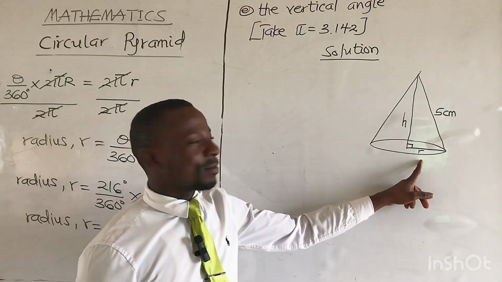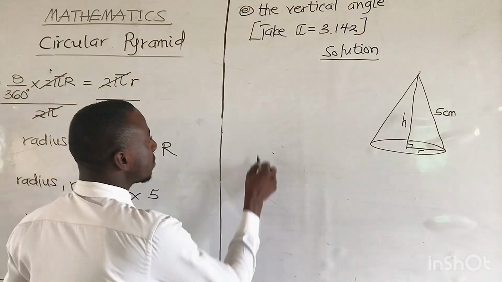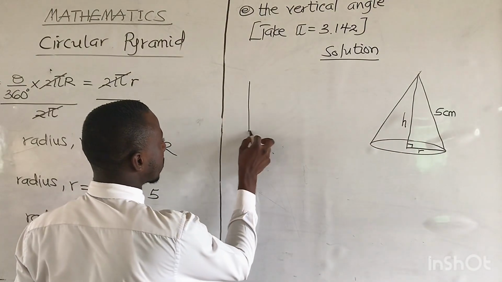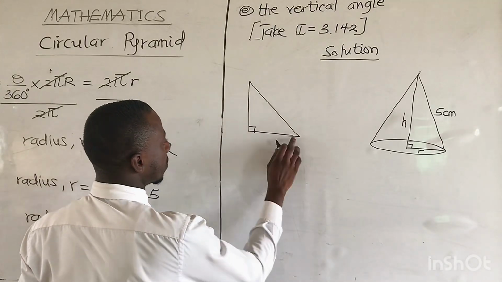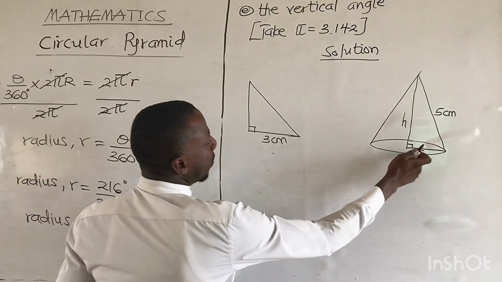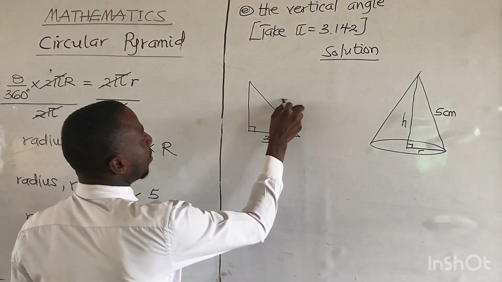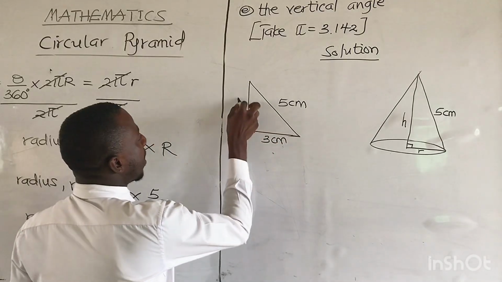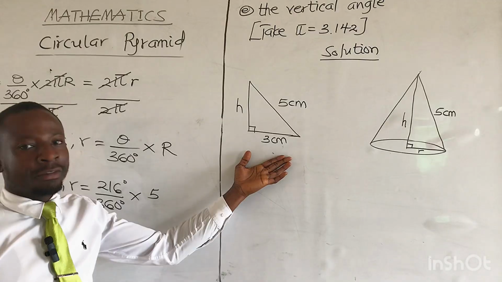So from here, we can get a right angled triangle. We have here 3 centimeters, which is the radius that we had here. We have here 5 centimeters, and we have the h, which is the height of the cone.